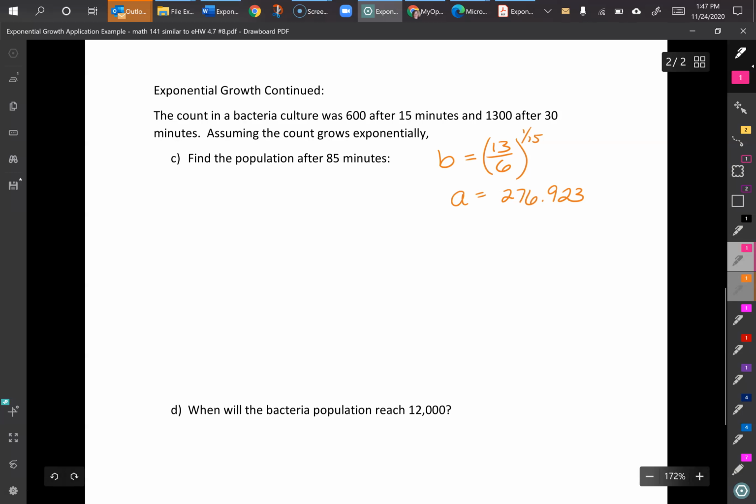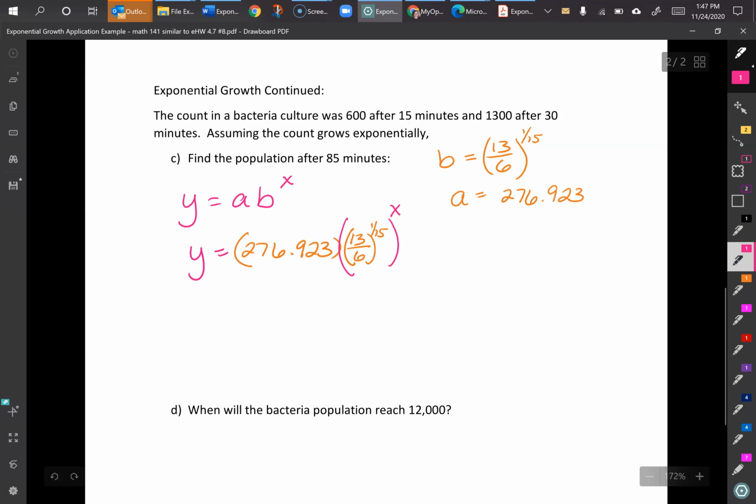So when we use our y equals ab to the x, we're going to plug in A as 276.923. Our B is the 13 over 6 to the 1/15th, and then all of that raised up to the x.